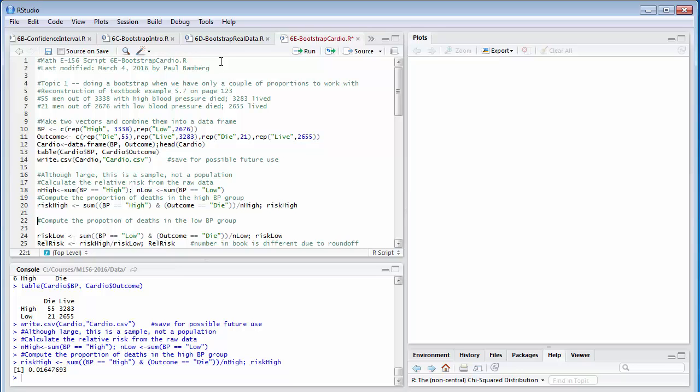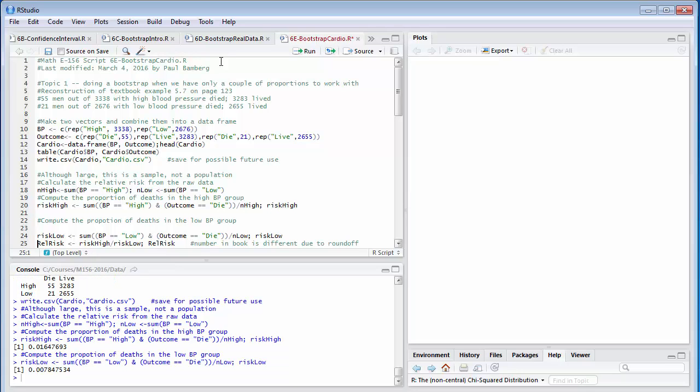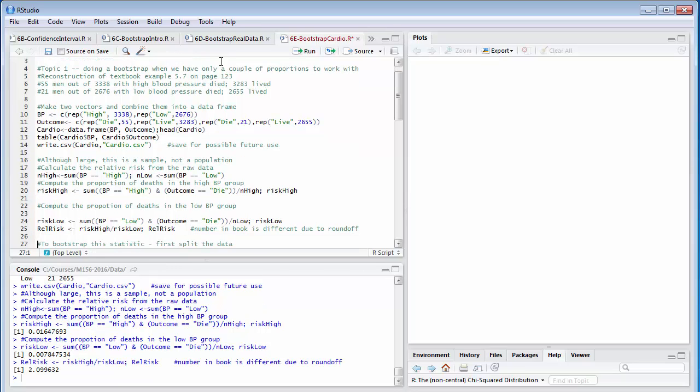I'll compute the proportion in the low group. That's 0.007 deaths. And the relative risk is the risk in the high group divided by the risk in the low group. This number is slightly different from the one in the textbook. I think that's just a matter of round off.